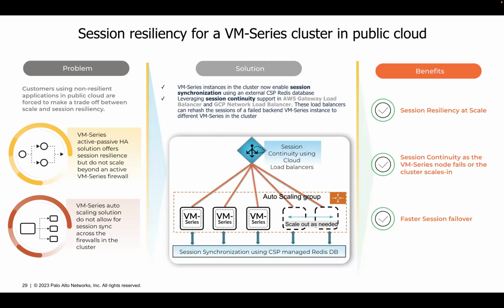So the general idea here really is that we can do active passive HA, but that doesn't really scale in the public cloud. And if we've got multiple virtual firewalls behind a load balancer, while that scales, if you remove a firewall, which firewall handles the sessions from the firewall that you removed, right? Now those sessions have to be reestablished today, so that can impact the user experience.